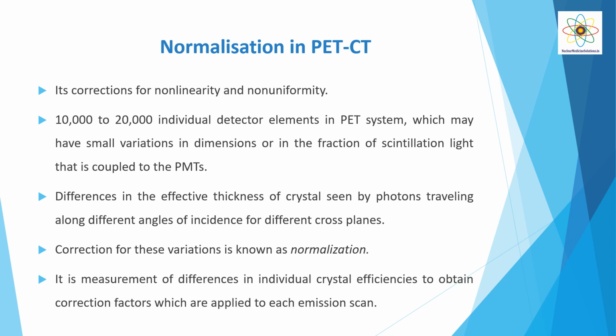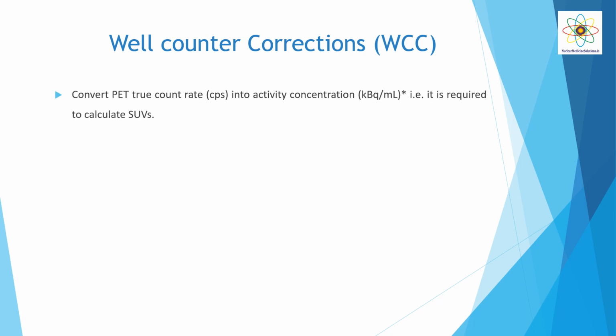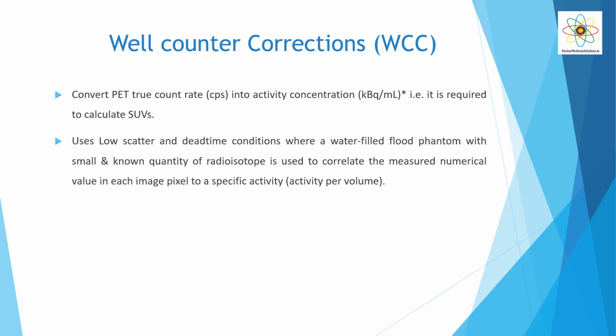It involves the measurement of differences in individual crystal efficiencies to obtain correction factors which are applied on each emission scan. Now let's see WCC, that is well counter correction. It converts PET true counts, that is CPS, counts per second, of activity into activity concentration, that is kilobecquerels per ml, and it is required to calculate SUVs, standard uptake values.